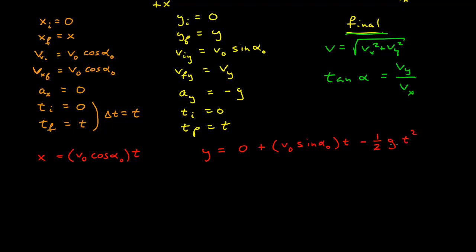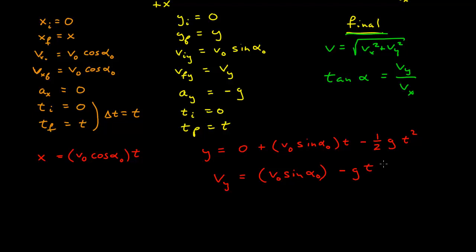This is the acceleration, which is negative g, and delta t squared, which is just time squared. And we also know that the final vy is equal to the initial v naught sine alpha naught plus the acceleration times the time interval, which is minus gt.